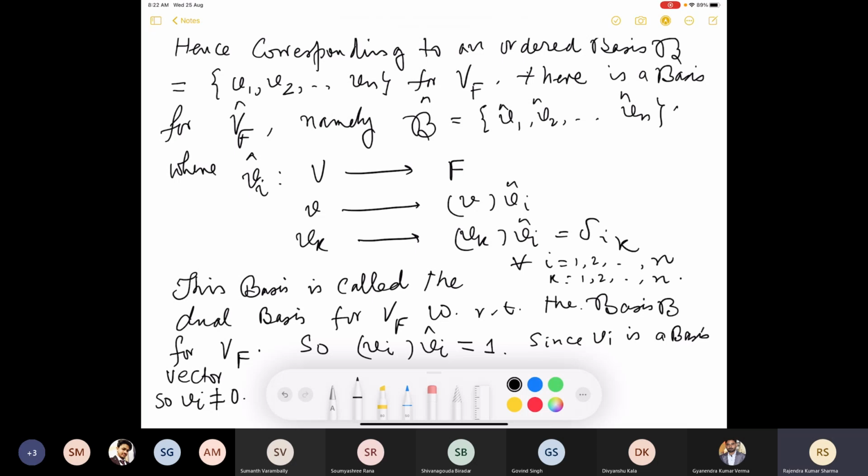So what we have, in fact, we can rewrite also as: for a finite dimensional vector space and for a non-zero vector v, there is an element f such that f(v) is not equal to 0.